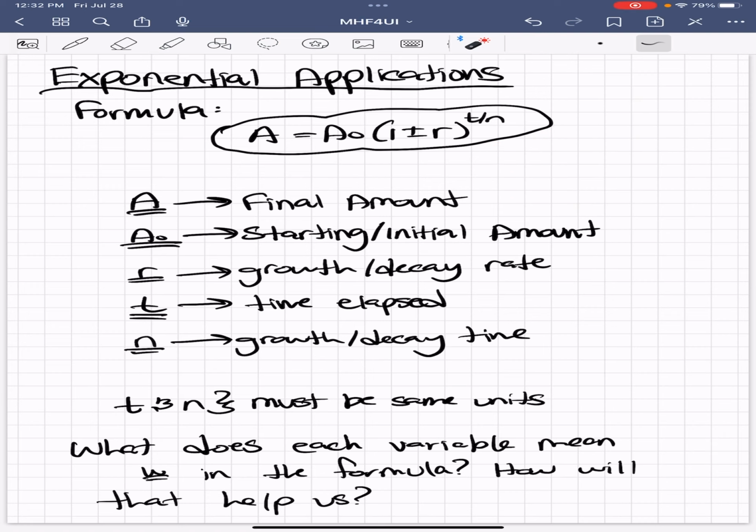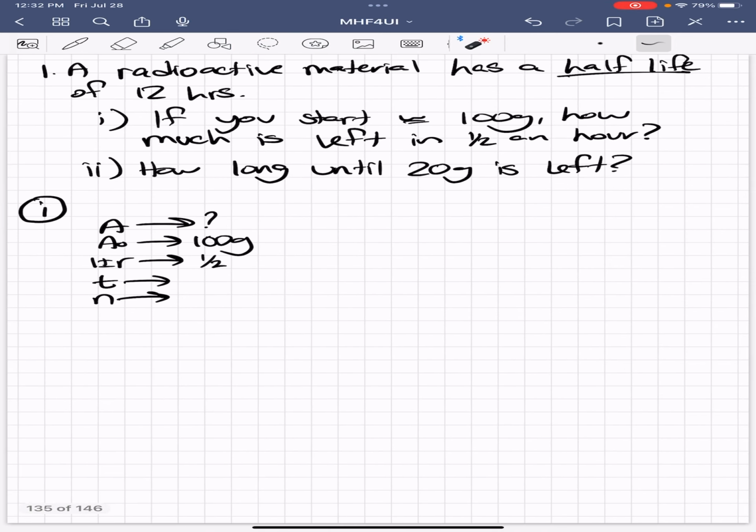Half-life is just half, and doubling period is 2. And then T, time elapsed: how much is left in half an hour, so half an hour. The radioactive material has a half-life of 12 hours, so our decay time is 12 hours.